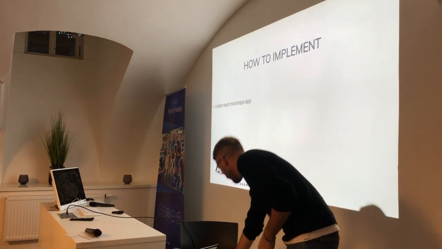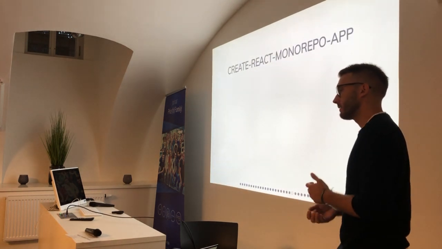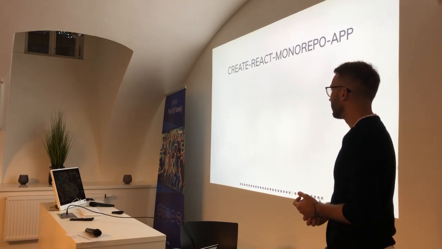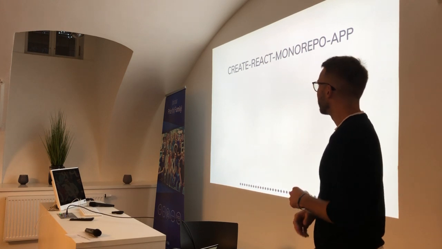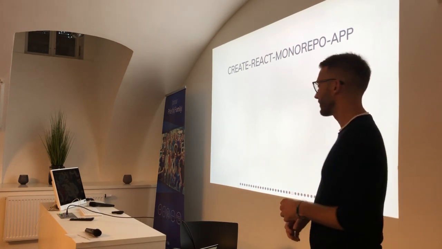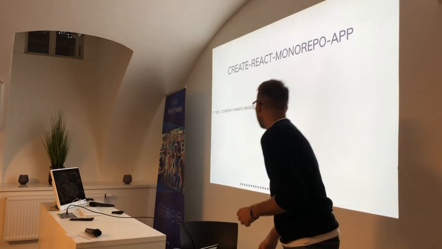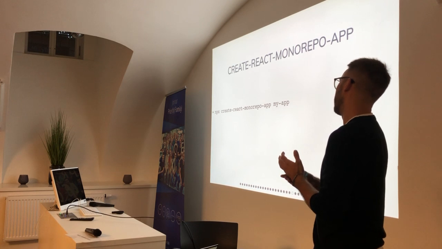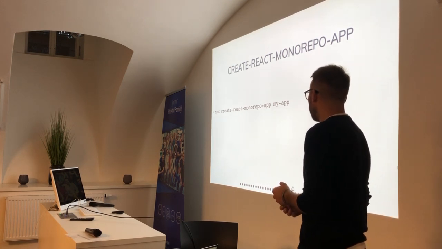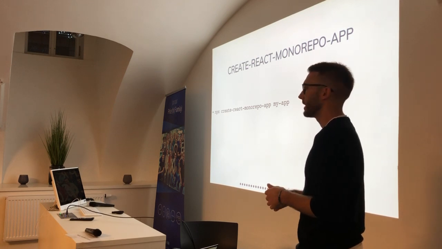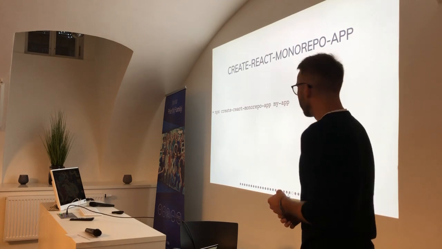So I'm just going to talk a little bit about this package with you. What it is, it's a simple CLI tool that allows you to choose a couple of things and has some very opinionated set of rules to it, but let's not talk about that. So if you just run npx create React Monorepo app and the name of your app, it'll guide you through a quick process where you're going to be able to select which tools you would like to have in your monorepo.